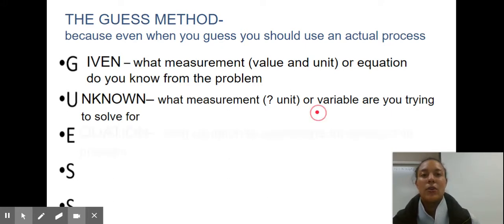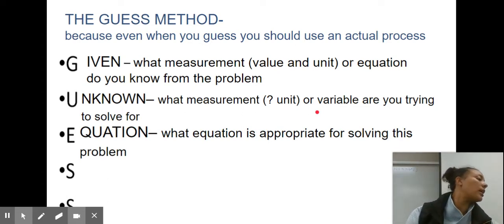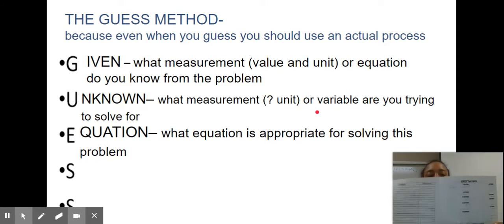E stands for equation. So remember, we have a handy dandy conversion chart. I'm going to find mine here. We have our conversion factors, right? This thing. And then on the inside, these equations are going to be your friends, right? So you don't have to memorize any equations that we use in class.